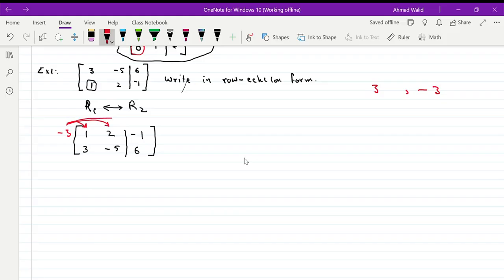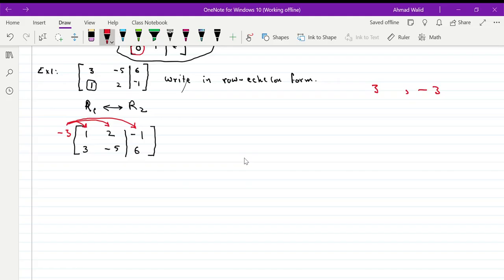Remember, when you make a note, whenever you want to change a number in a column to 0, you cannot add directly the opposite of the number in that row. First, you find the opposite of the number.